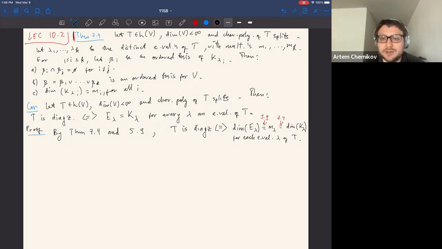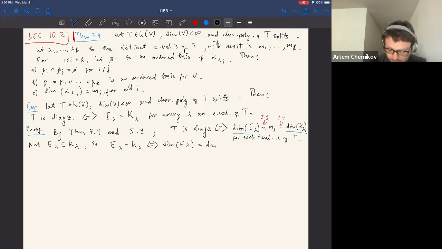So combining these two facts, T is diagonalizable if and only if the dimension of E lambda is equal to the dimension of K lambda. But we also know that E lambda is a subset of K lambda. Remember, we proved this earlier. And they have the same dimension, so the equality E lambda equals K lambda happens if and only if the dimensions are the same.